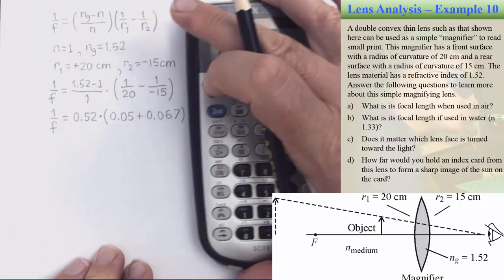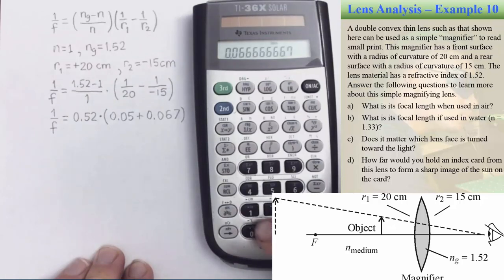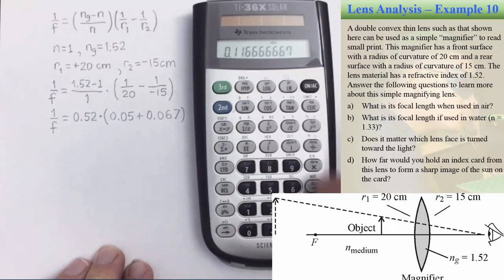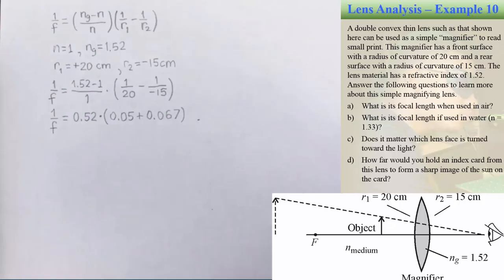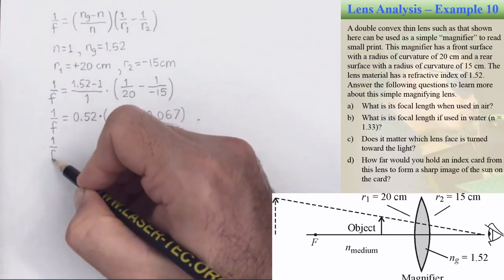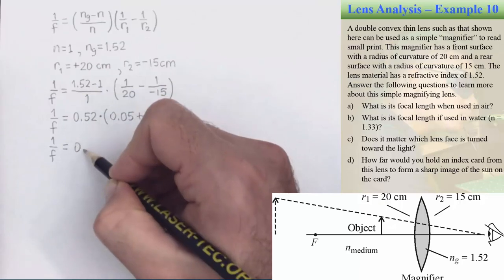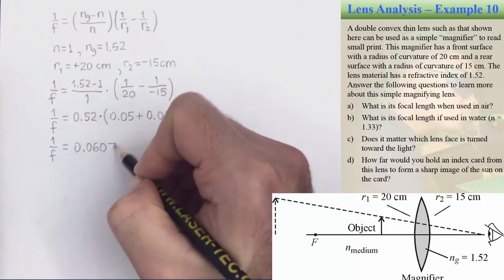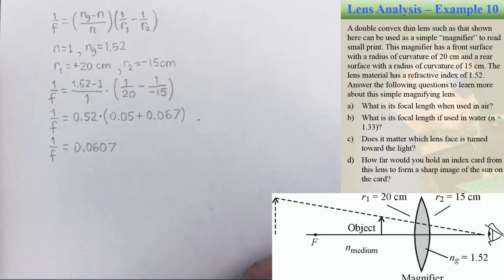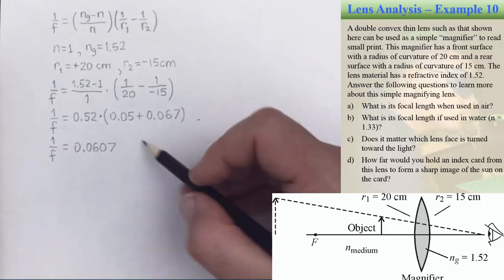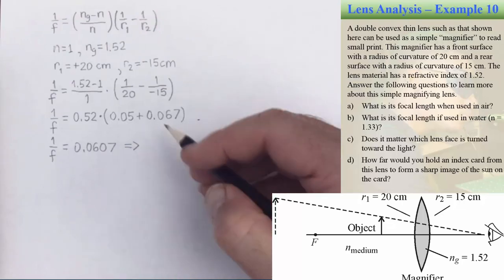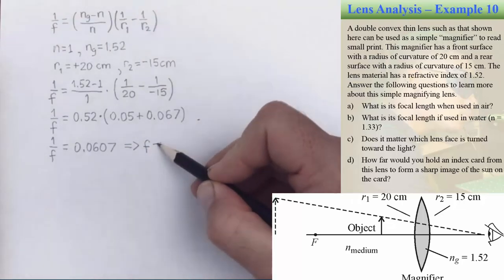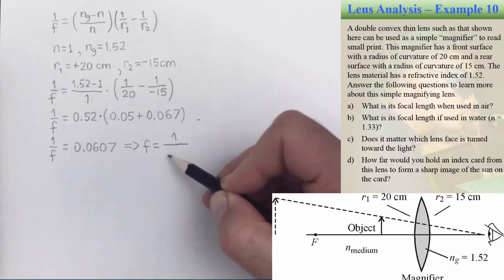Now we can add the two numbers in the brackets, and then multiply with the factor in front of the bracket to come up with the value of 0.0607. So 0.0607 is equal to 1 over f. So we need to take the reciprocal value of both the left hand side and the right hand side of the equation.